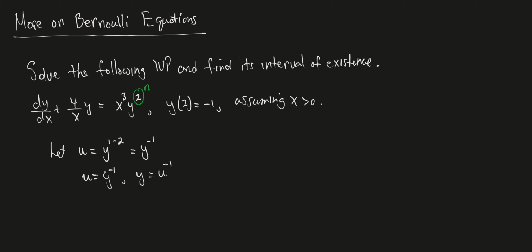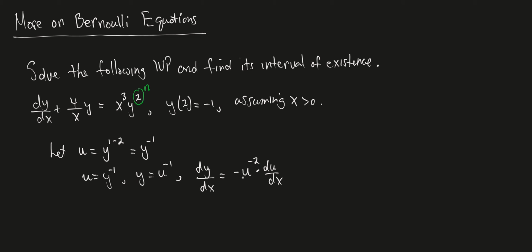So this is a nice quick interchange. Based on this, I can write down what dy/dx is. Just remember to differentiate implicitly. You have to use the chain rule. So dy/dx in this case is negative u to the negative 2 times du/dx. And this is right where we use our chain rule.